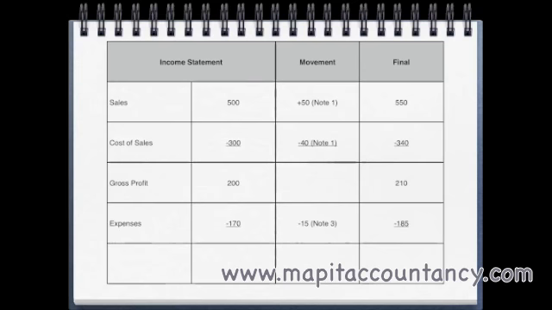Expenses, well, we've an extra 15 to reduce our profit there, so it goes from 30 to 25. So profit has gone from 30 to 25. So here we can see the effect that these various transactions will have. They'll affect both our income statement and our statement of financial position.